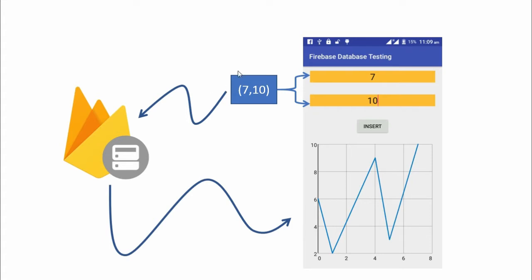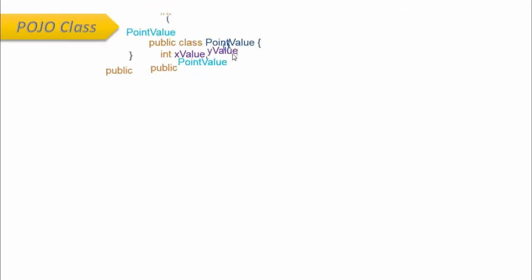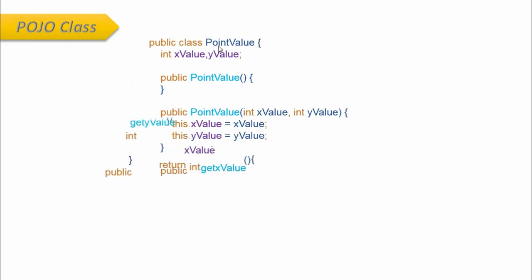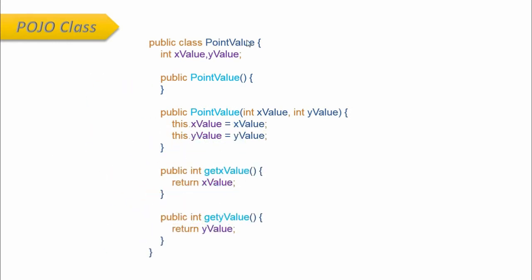So to create this object we will create a class, that is a POJO class. In this example you can see public class PointValue, and in this class we have two variables, one is xValue and the second is yValue. We are using two constructors, one is blank and another is for setting the values.